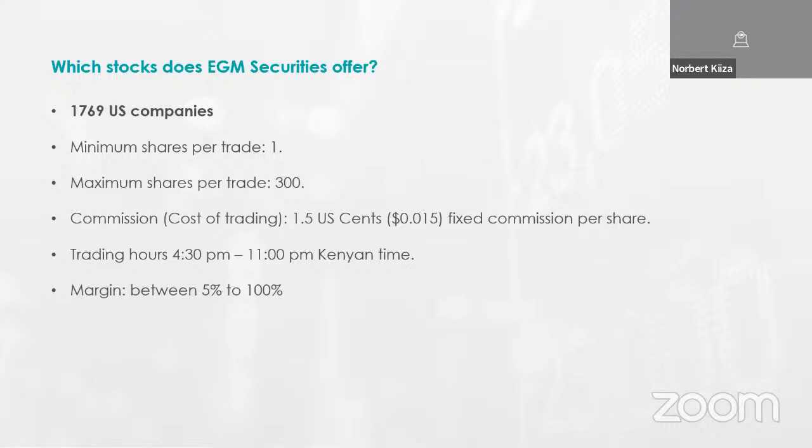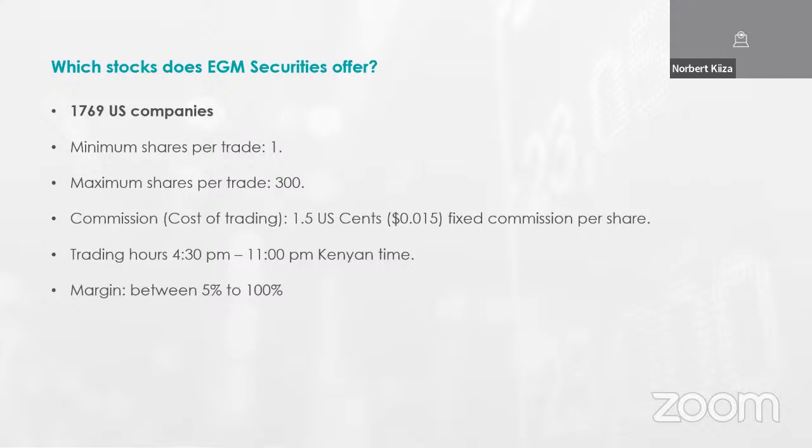Then the trading hours are between 4:30 p.m. up to around 11 p.m. Kenyan time. So that is the period within which the shares are available for you to trade. Any other time, it would be impossible for you to trade US shares.